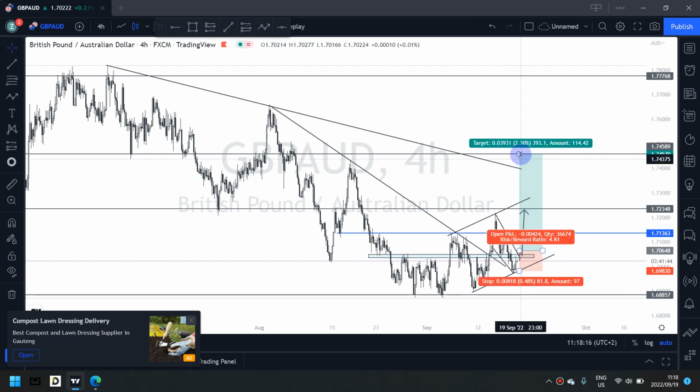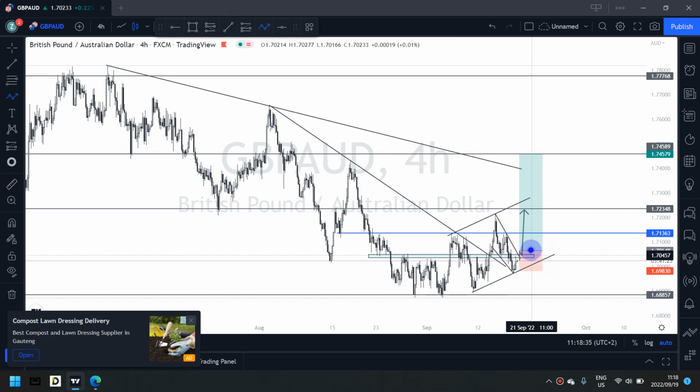The market might possibly reverse here, or when it touches there, or even when it touches the trend line, give us a third touch and reverse, or it can break out, retest, and continue to the upside, which would be a breakout and a retest on this trend line, and that would obviously signal continuation of the buy.